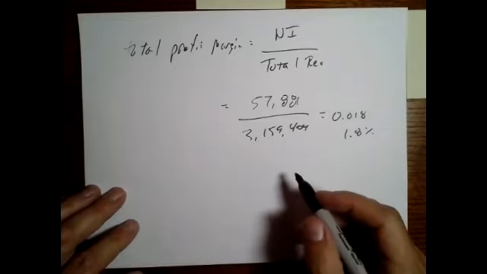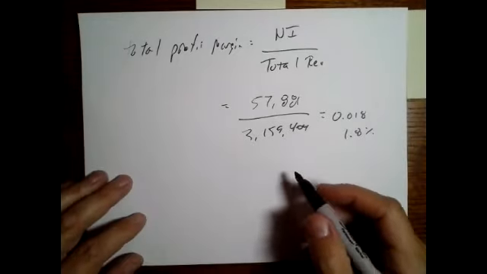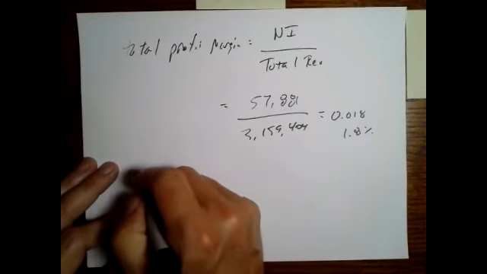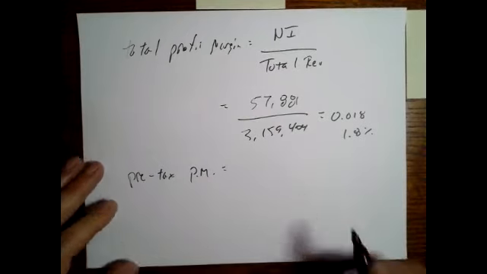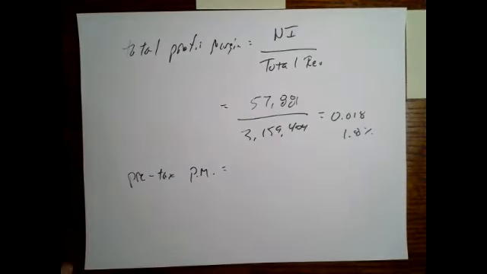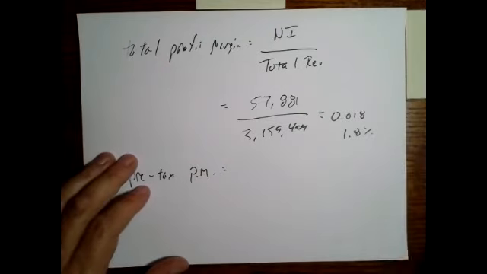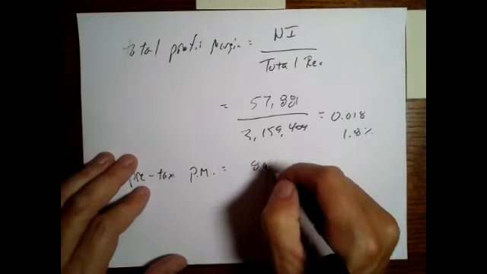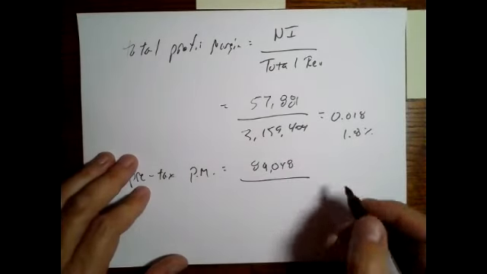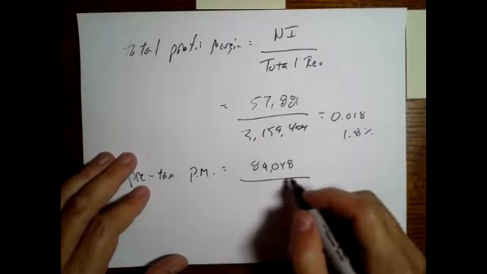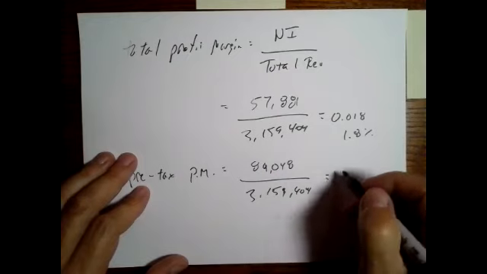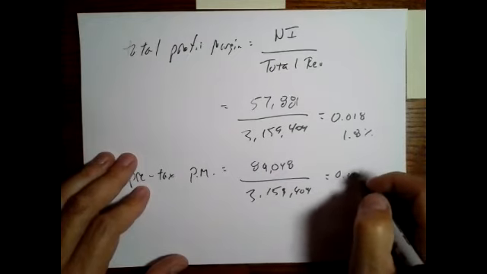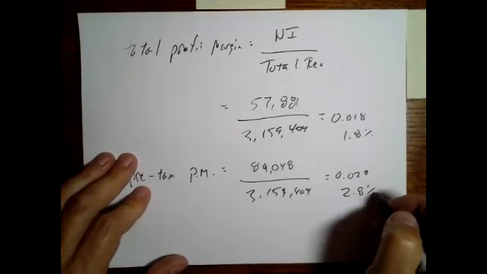Our pre-tax profit margin is going to be equal to the operating income, which is 48, divided by the total revenue, which was 3,159,404. Divide that out, and you wind up with 0.028, or 2.8%.